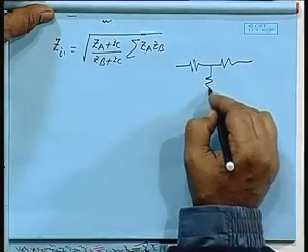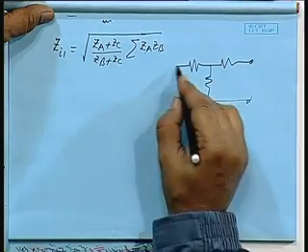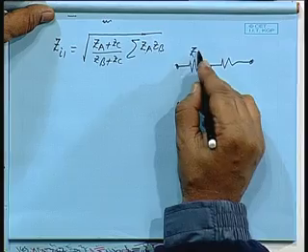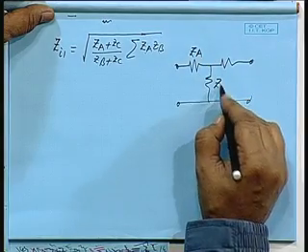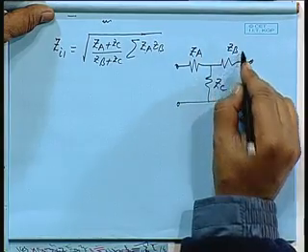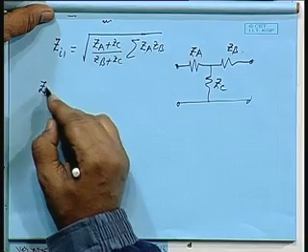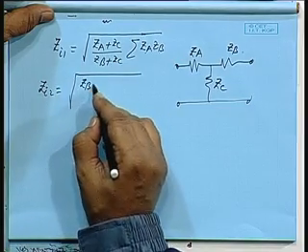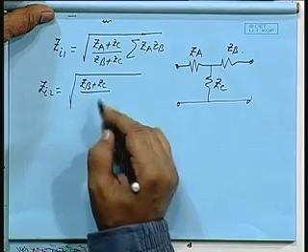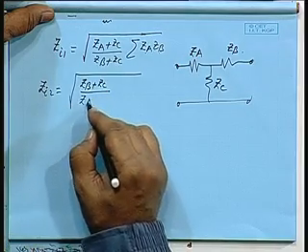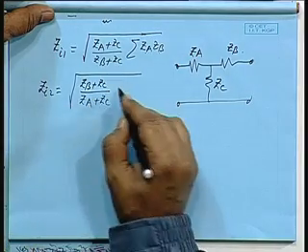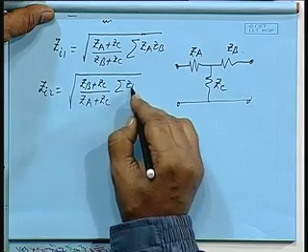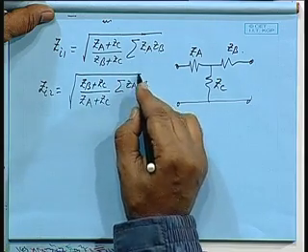So it was a structure like this: Z A, Z B, Z C, and this was Z B. Similarly, Z I 2 we derived as (Z B plus Z C) divided by (Z A plus Z C) into sigma Z A Z B. This we derived last time.